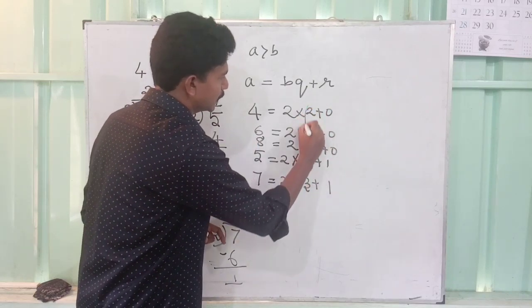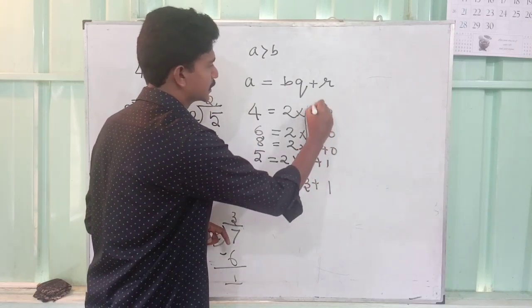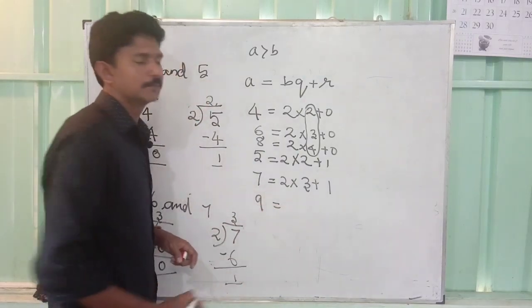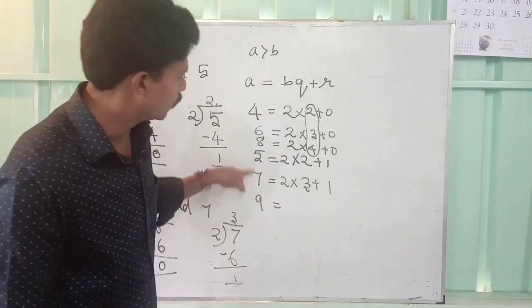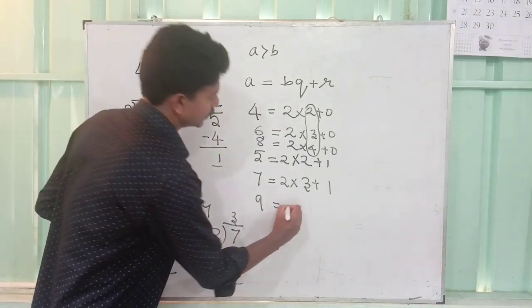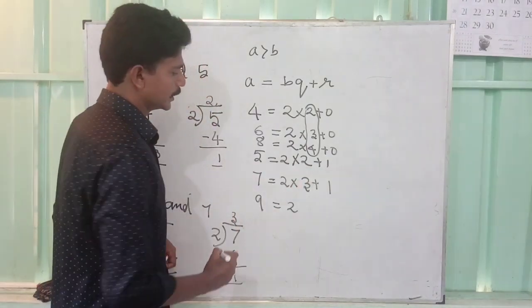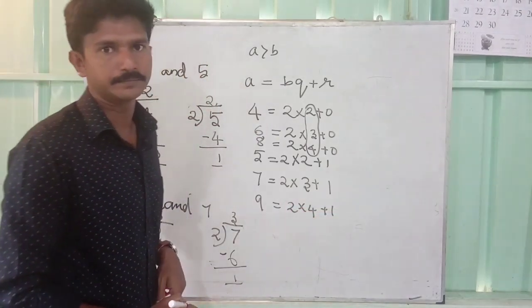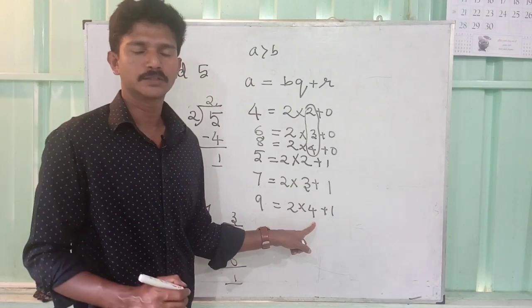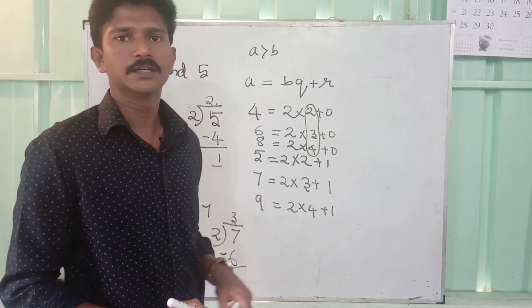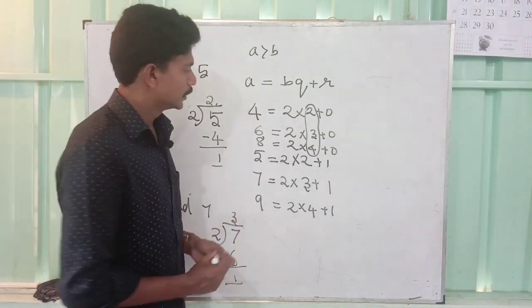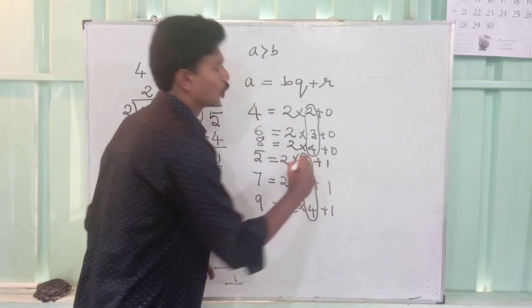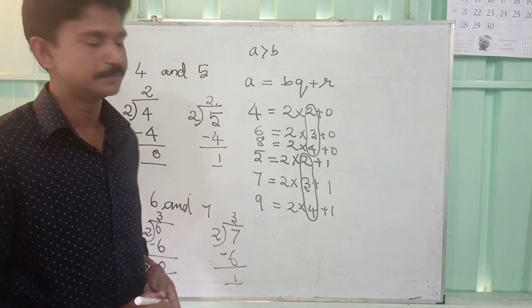If you see, the quotient is changing. If you select the next odd number, here also we can write 2 times 4 is 8, plus 1, 9, right? So here also the quotient is changing, right?